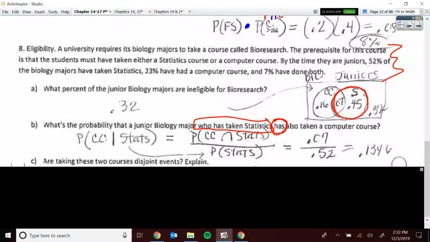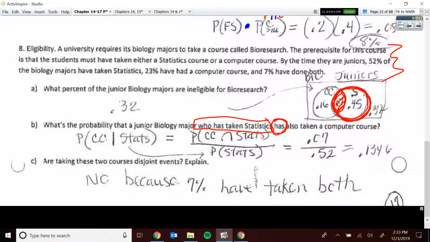If you drew a Venn diagram, you can see it very easily. And what proportion of this 52% have also taken the computer course? That's the intersection. So that 0.07 is that intersection. How come these two courses are not disjoint? Why not? Because 7% can take them at the same time.